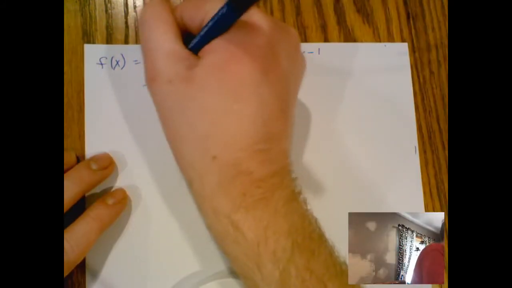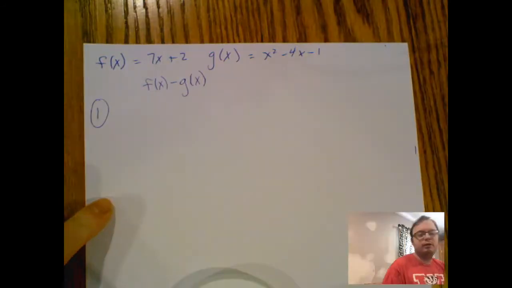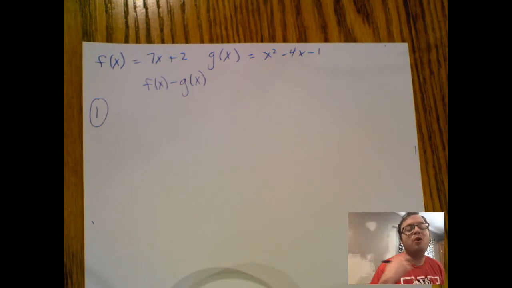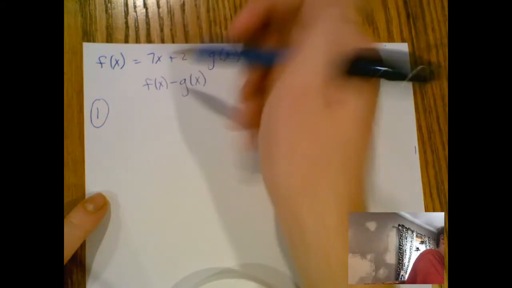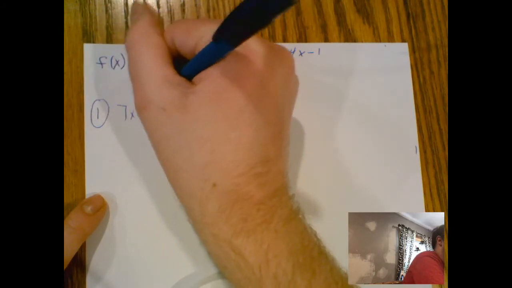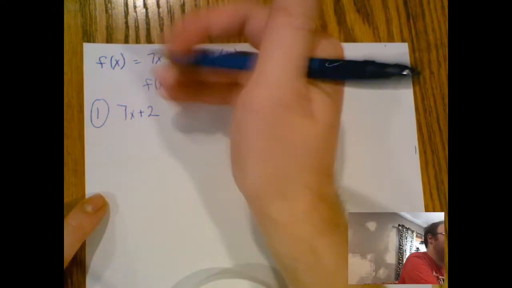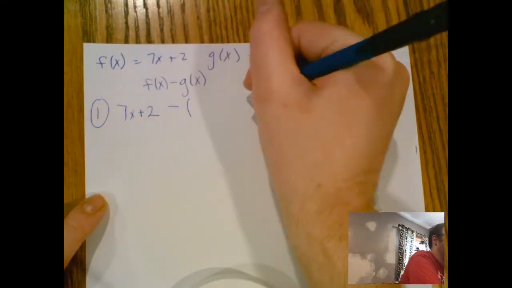I want to take f of x and subtract g of x. Okay. Step 1 was we were going to write this horizontally. Write it again horizontally. But here, order does matter. Because I'm taking f of x first, I have to write f of x first. 7x plus 2. And now I'm subtracting, and this is where things get needed.